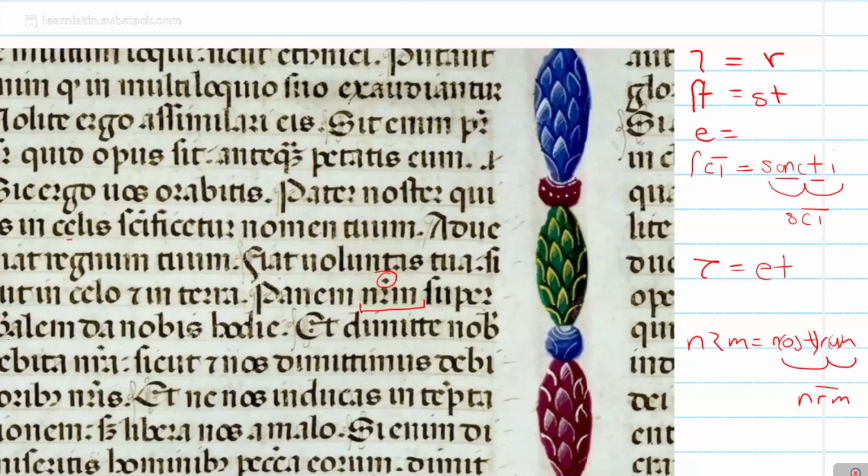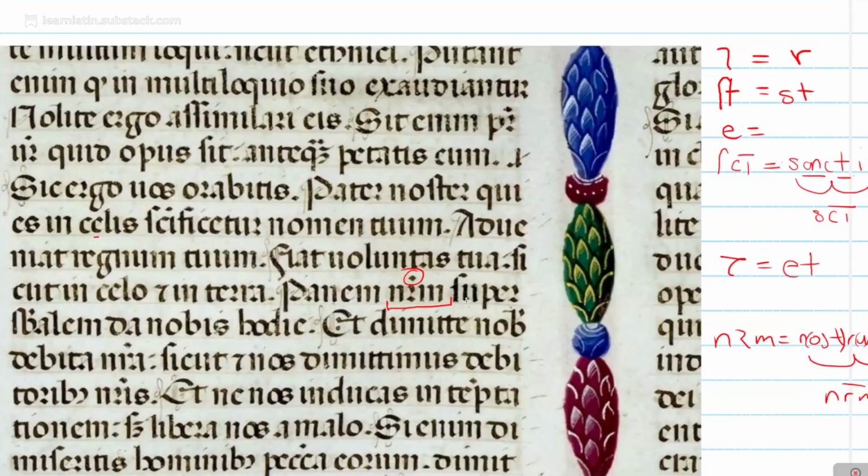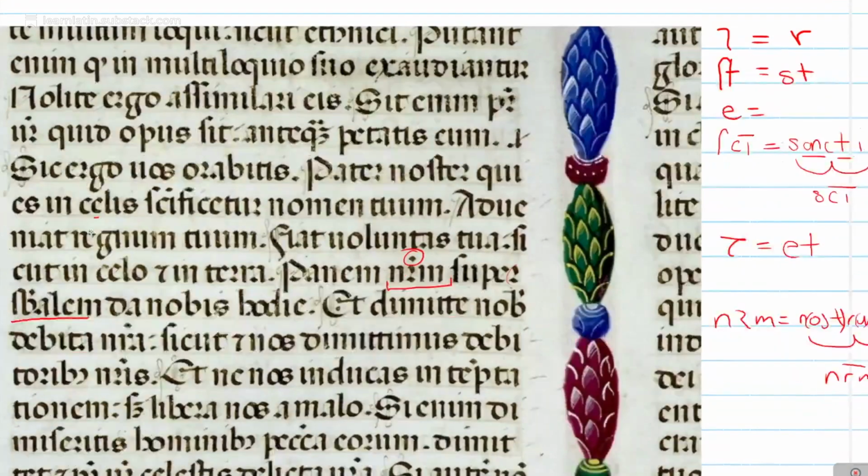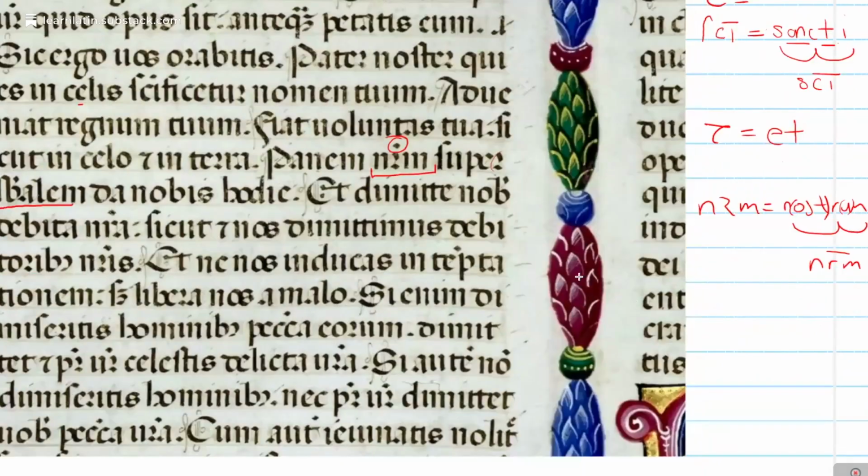Supersubstantialem, long S, U-P-E-R, super. Another abbreviation, substantialem. Let me write that because that can be confusing. S-B, titulus, alem. SB is a common abbreviation for substantia.